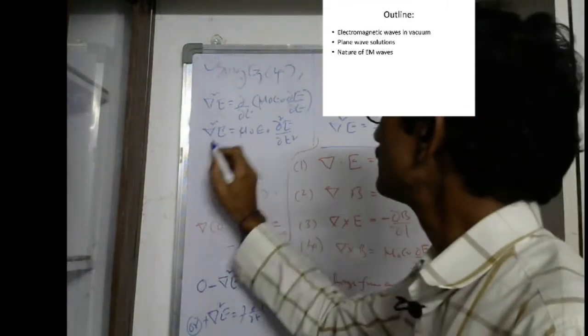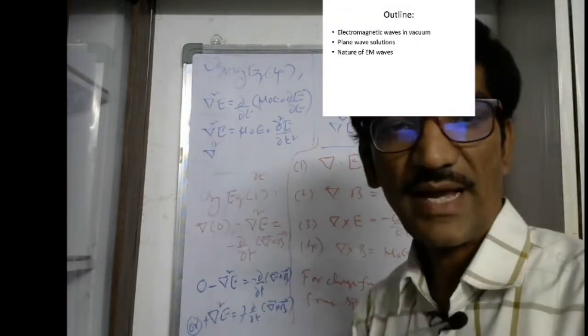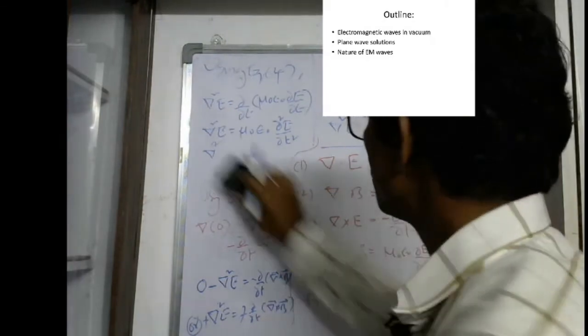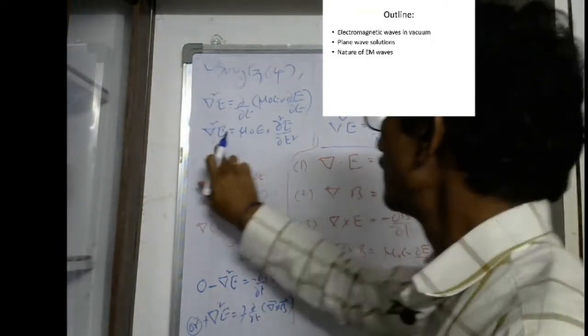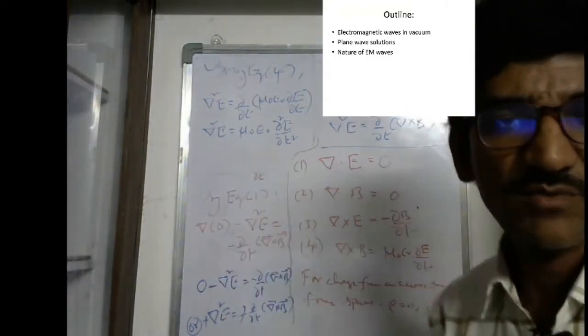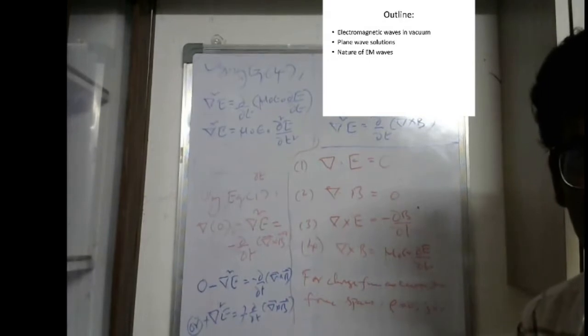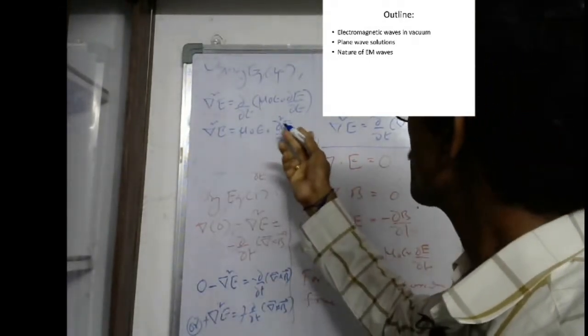Now this is del square E. Here del square means, in one dimension, dou square by dou x square. Here this is dou square E by dou t square.